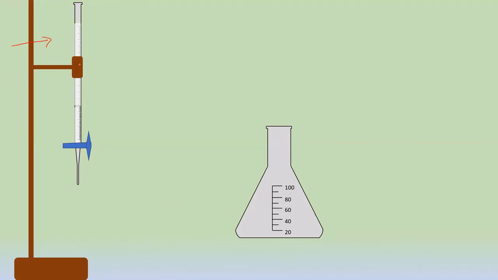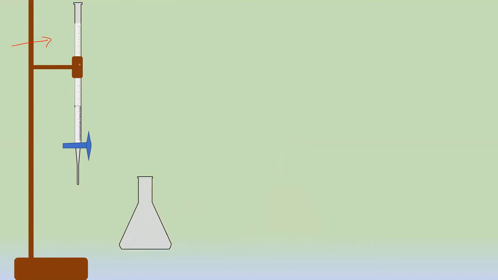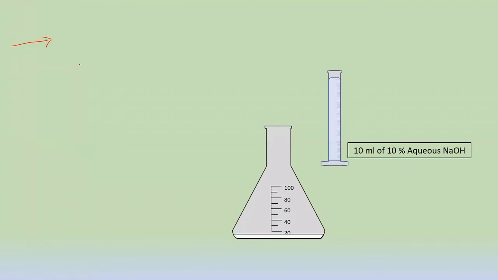Okay, so your first task: this is the burette containing the ethyl benzoate. With the help of this conical flask, you will go to the burette and take out 1 ml of the ethyl benzoate into the conical flask. So our first reactant is there in the conical flask. Now, what was our second reactant? We are going to carry out this reaction in the presence of alkali.